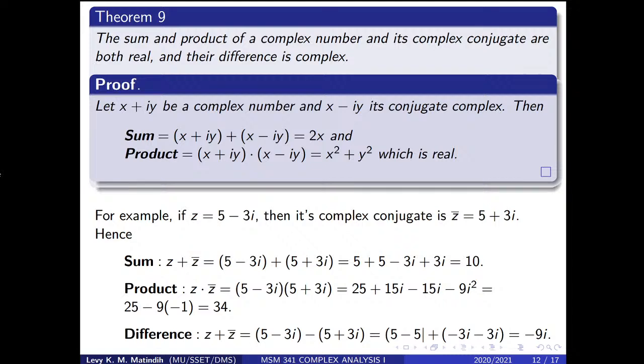You should make sure that you remember that. So now this will give us x squared plus y squared. x is real. The square of a real number is a real number. y is a real number. The square of a real number is a real number. So the sum of two real numbers is a real number.